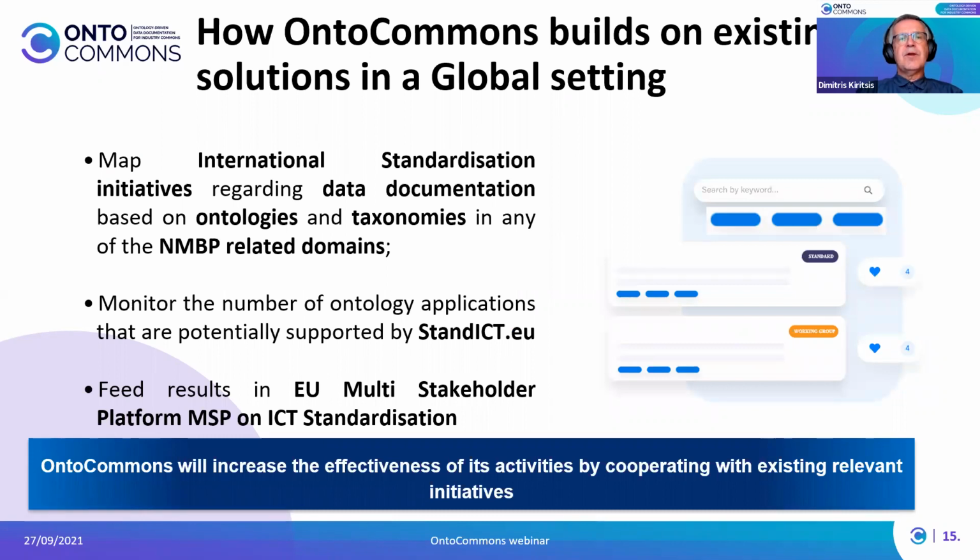So yes, we also have to map international standardization initiatives. As I said before, there are many, and sometimes many for the same scope, in the same context. Our project OntoCommons focuses on technical data documentation based on ontologies and taxonomies in domains related to materials or nanomaterials production and bio domains. This is the R&D unit of the European Commission.